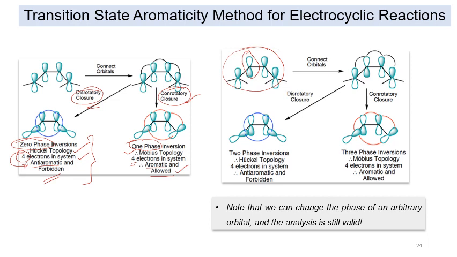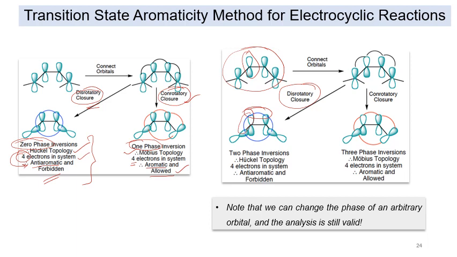Let's now try to do a disrotatory closure. What are we seeing here? We are seeing that there are how many inversions? There is one inversion here, okay, and there's another inversion. There are two phase inversions at this particular position.